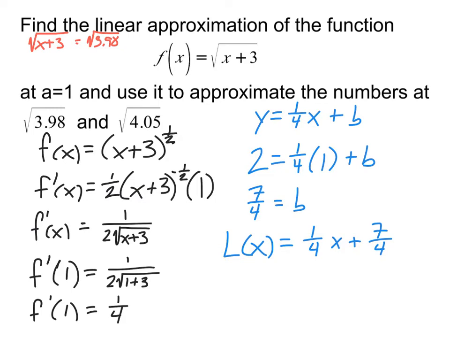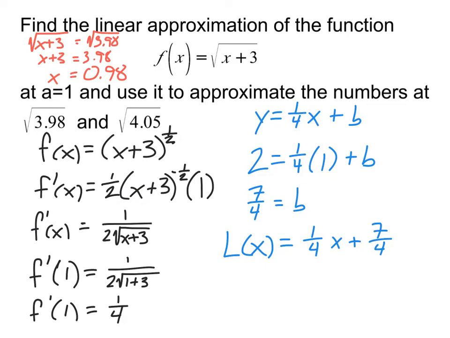Well, that basically means x plus 3 equals 3.98, right? So, what would x have to equal here? It'd be 0.98. So it's always a matter of, what am I plugging in for that?